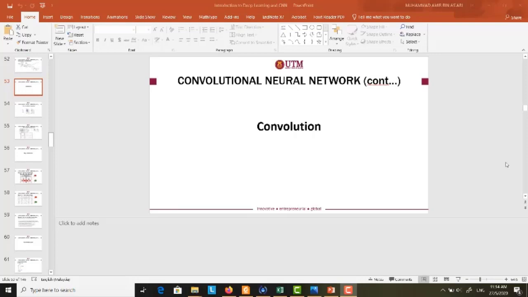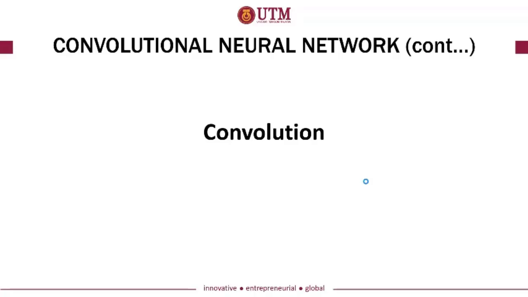And again, in CNN or convolutional network, you will find that the convolutional operation involved in CNN is more to two-dimensional, and it can go up into three-dimensional convolutional operation.